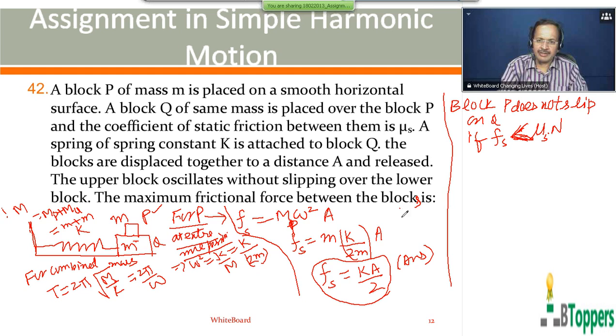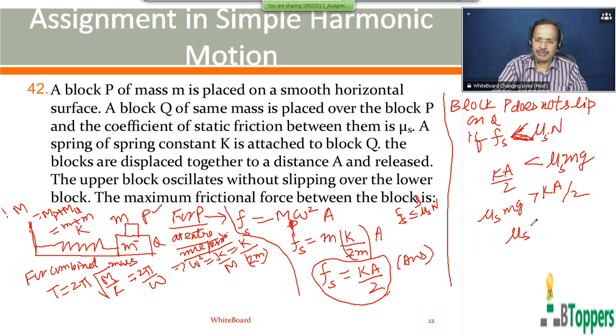The static friction is in general less than or equal to μs times N. F you can write as kA by 2 at one of the extreme positions. The normal reaction on block P by block Q you can write as mg. That means μs mg should be greater than kA by 2.